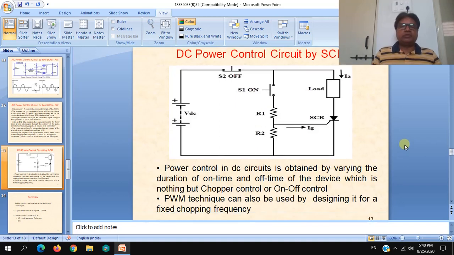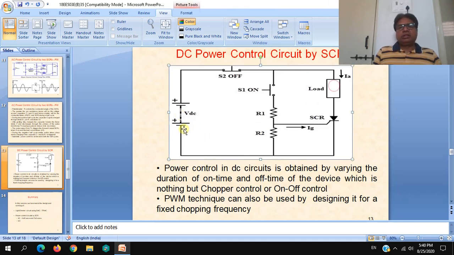And when the supply is DC, then also you can apply power control by using an SCR. The load is connected in series with the SCR. Even though the SCR is forward biased, it will not conduct, it will be blocking the total voltage, and the load will get its voltage and current when and only when this SCR conducts.